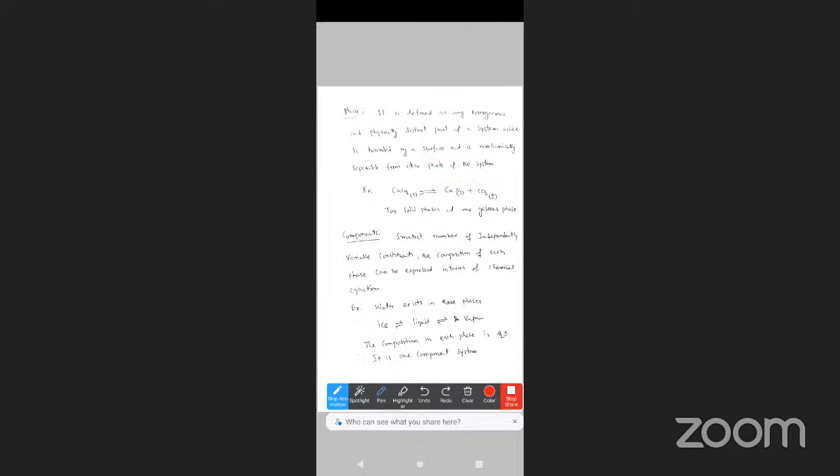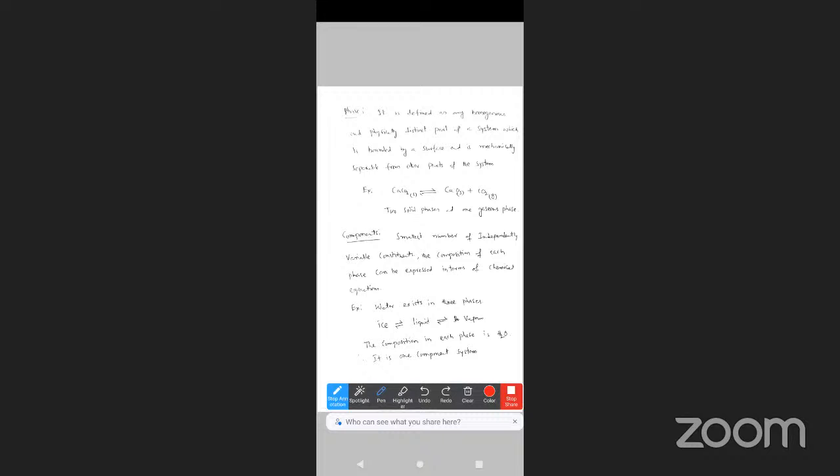See once again, it's a homogeneous and physically distinct part of the system which is bounded by a surface and is mechanically separable from other parts of the system.